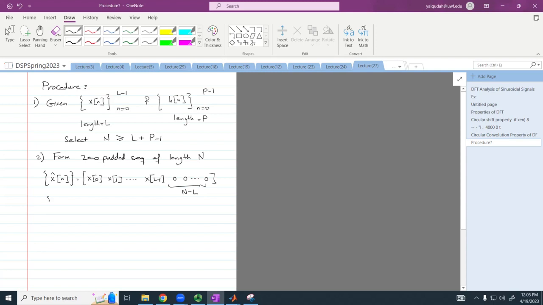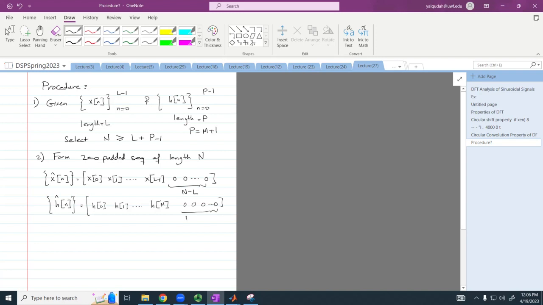And similarly, I'm going to calculate h hat of n, which is going to equal h of 0, h of 1, up to h of m, and then 0, 0, 0, 0.